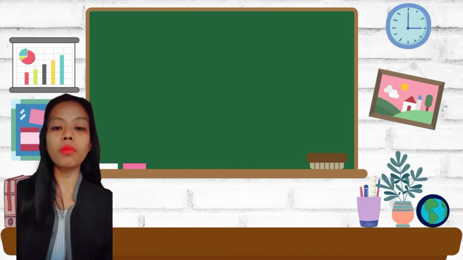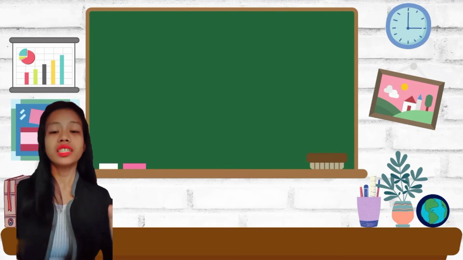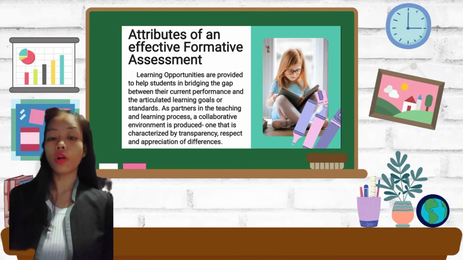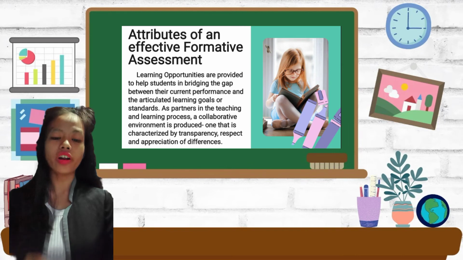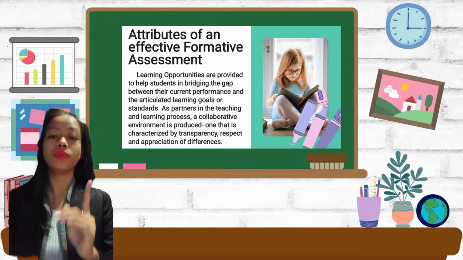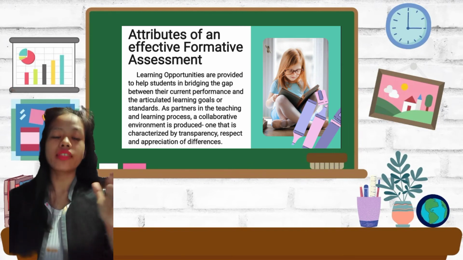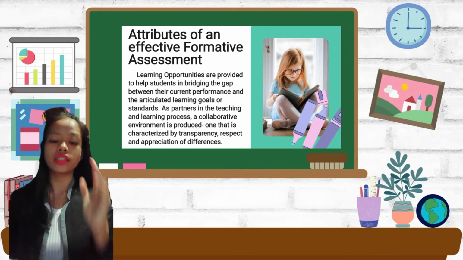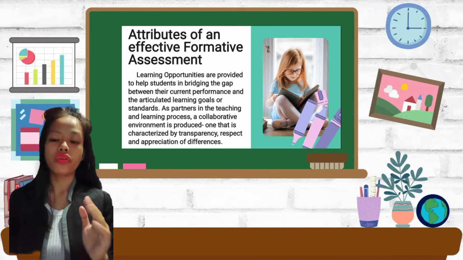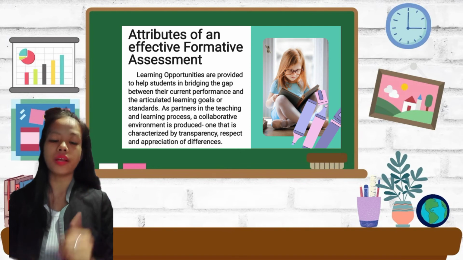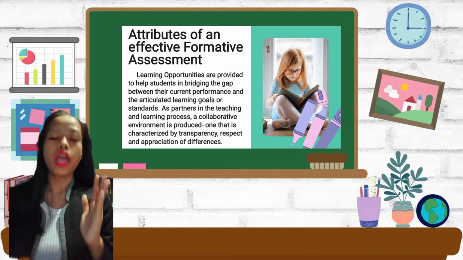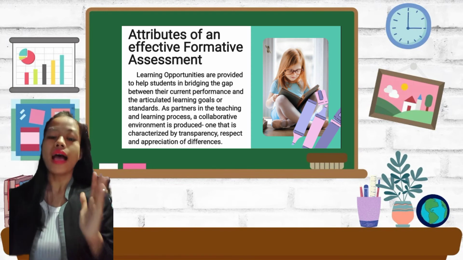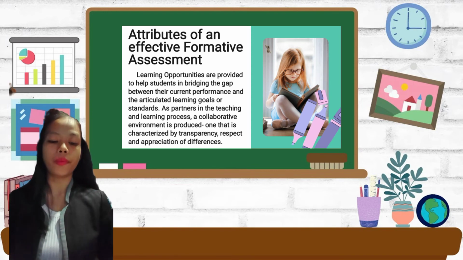Okay, thank you so much, Miss Hannah Ocliasa. Those are the positive effects of formative assessment. There are also attributes of an effective formative assessment. In order for a formative assessment to be effective, it requires the active involvement of students in the learning process through self and peer assessment. Through immediate constructive dialogue and feedback, instructional adjustments are made as appropriate and necessary.